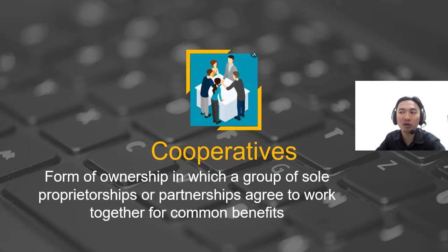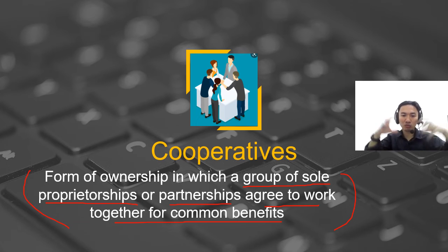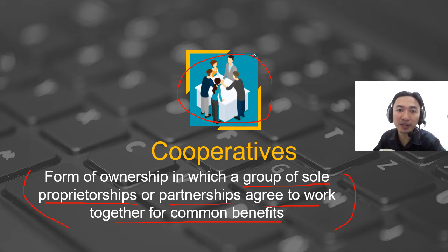The last form of non-corporate ownership is called a cooperative. A cooperative is a form of ownership in which a group of sole proprietorships or partnerships all agree to work together for common benefit. What this does is combine the freedom of sole proprietorship with the financial power of a corporation.